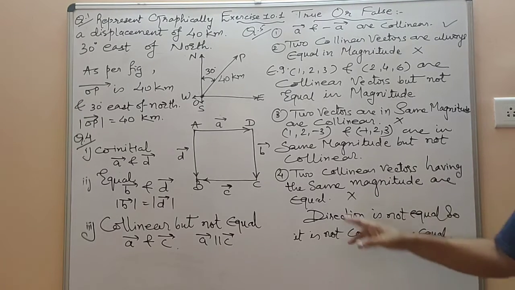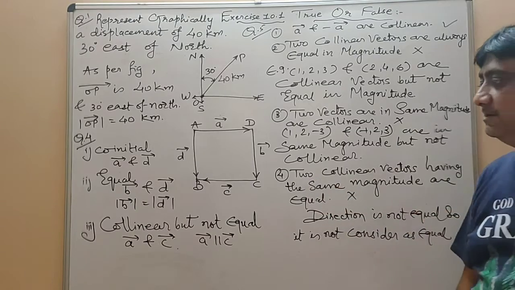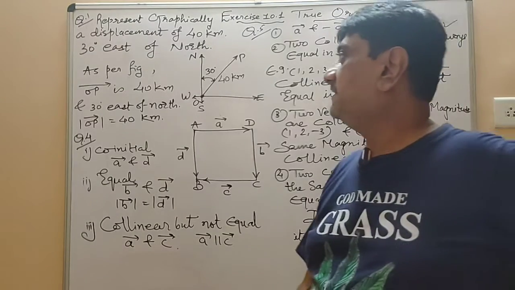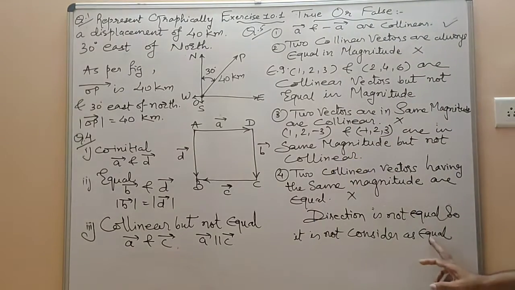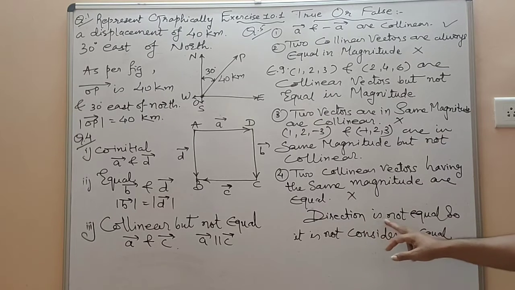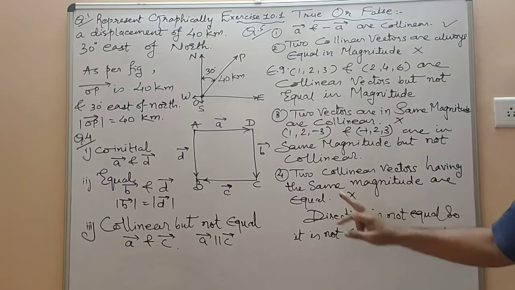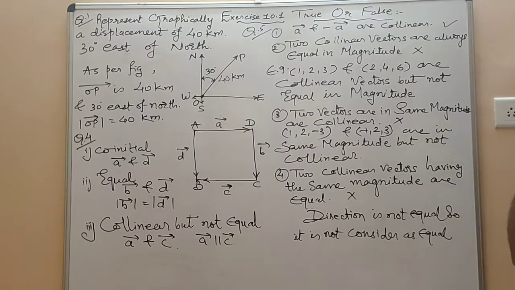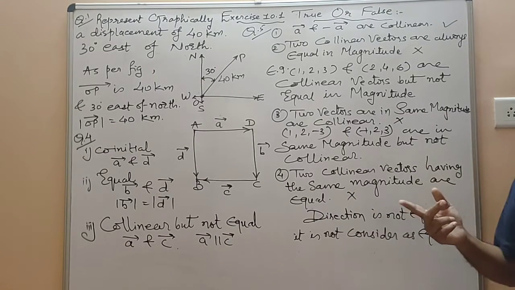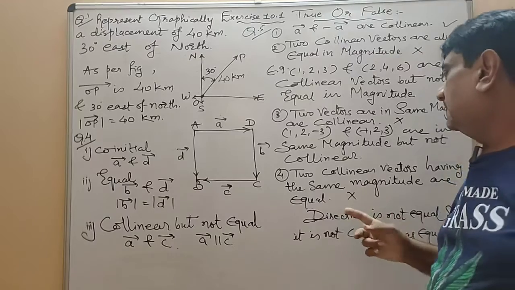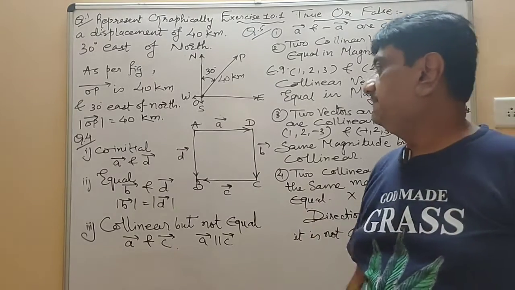If direction is opposite, it is also collinear, but not equal vectors. Direction is not equal, so it is not considered as equal vectors. What is the definition of equal vector? Two vectors having same direction and same magnitude are called equal vectors.